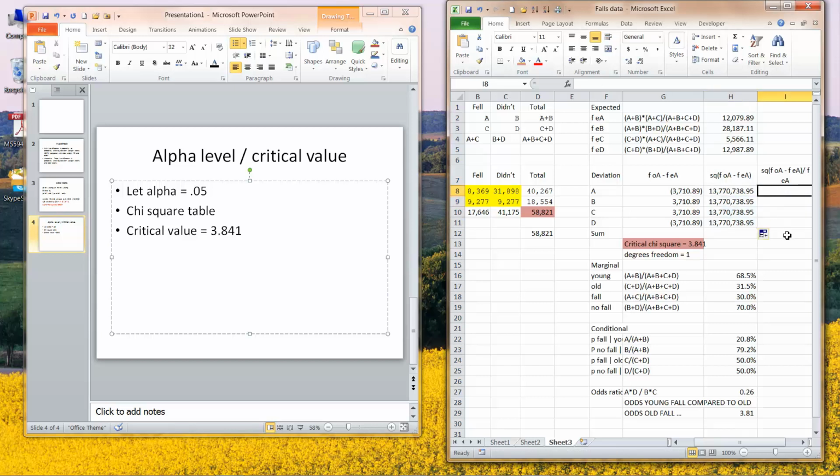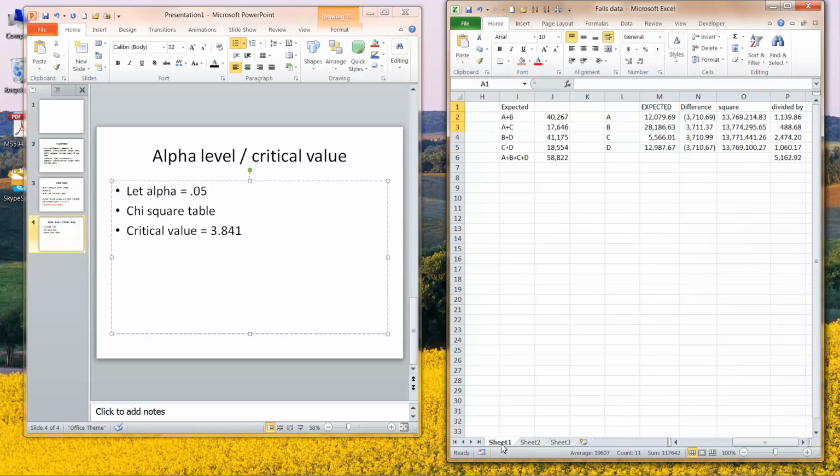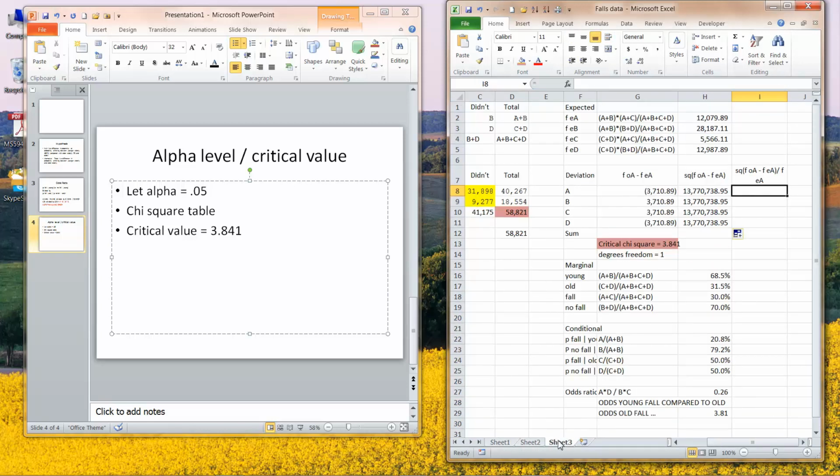And we divide our squares by our expected, and sum them.